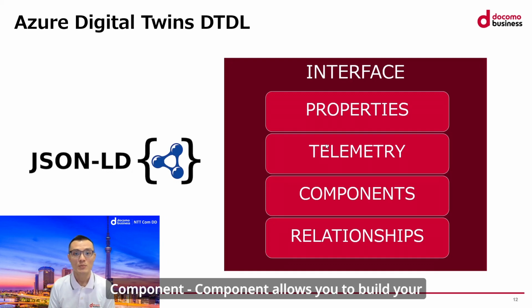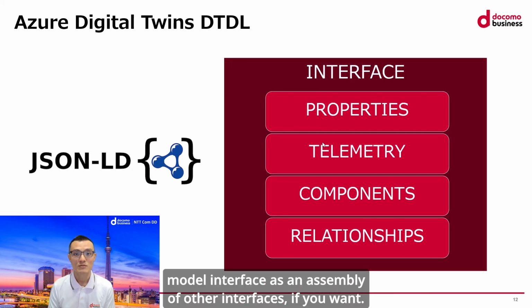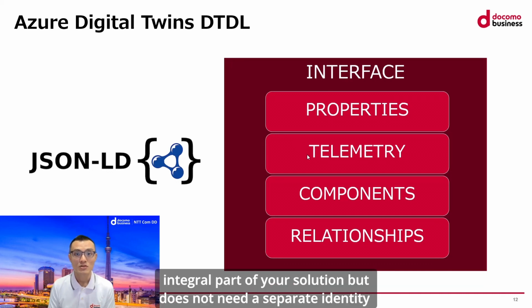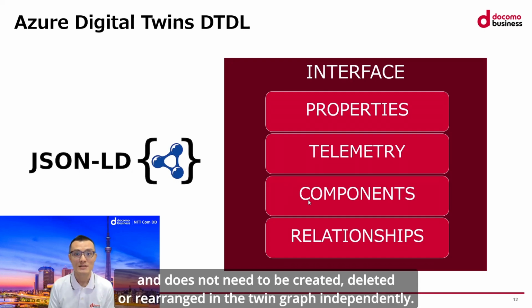Component. Component allows you to build your model interface as an assembly of other interfaces if you want. Use a component to describe something that is an integral part of your solution, but does not need a separate identity and does not need to be created, deleted, or rearranged in the twin graph independently.